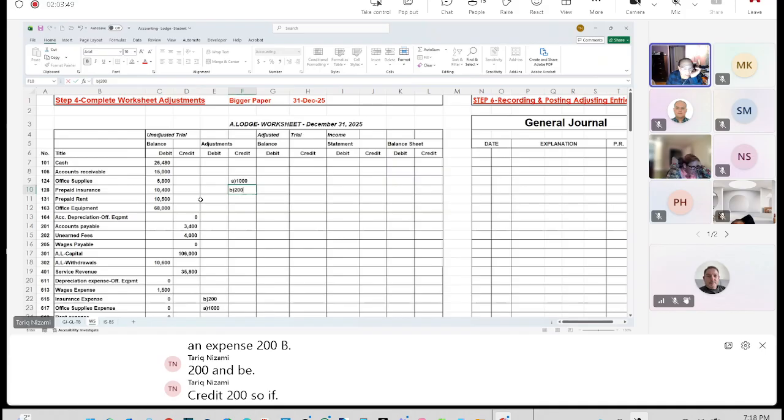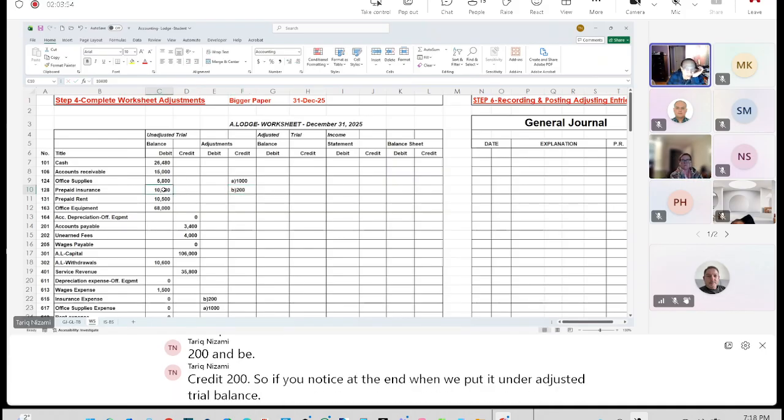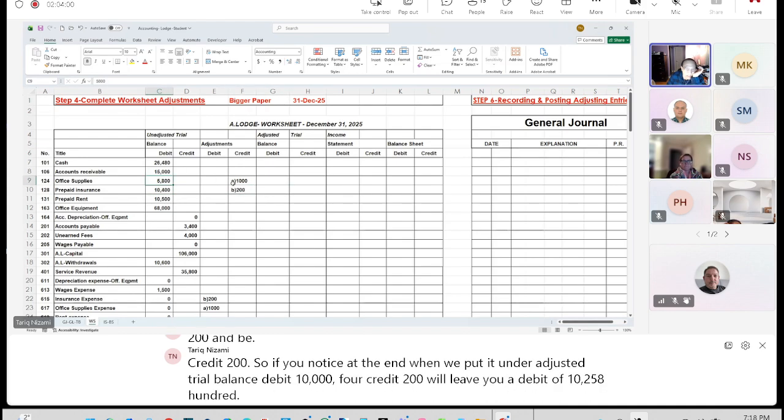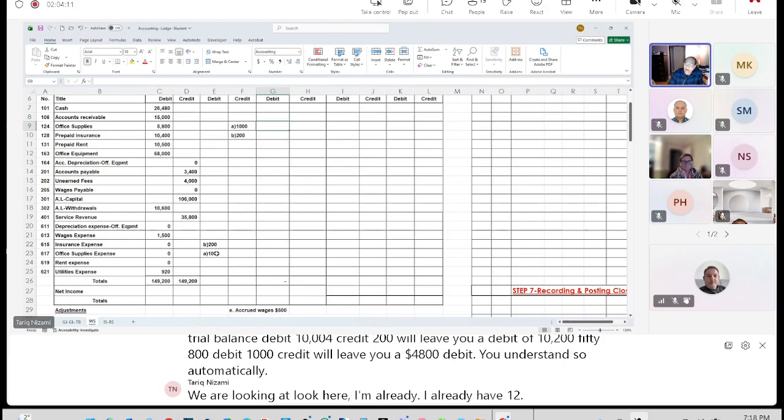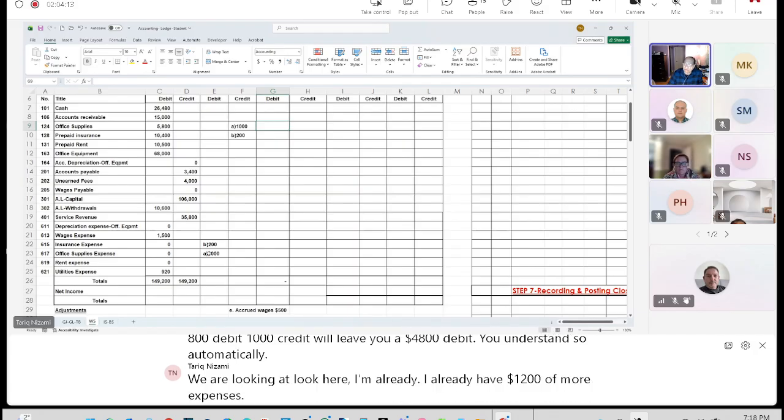So if you notice, at the end, when we put it under adjusted trial balance, debit 10,400, credit 200 will leave you a debit of 10,200. 5,800 debit, 1,000 credit will leave you a $4,800 debit. You understand? So automatically, look here, I already have $1,200 of more expenses.